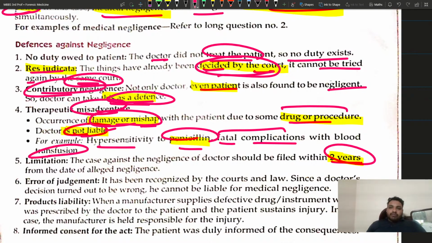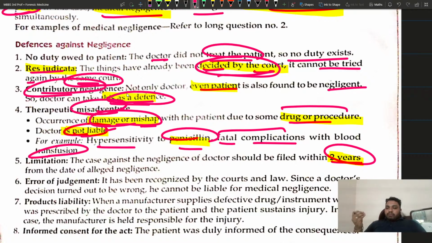There can be some other treatments that could have been offered to the patient. If there is some technical issue, then if you wish, you can try.